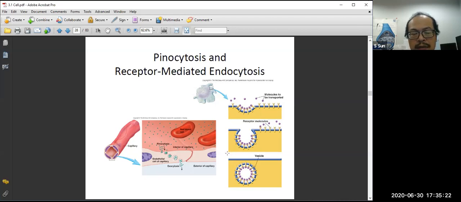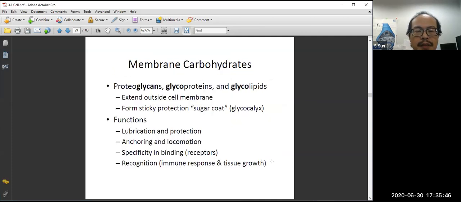And one thing you need to know is that this vesicle is also a membrane-bounded organelle. This organelle basically has the same membrane as the cell membrane, the plasma membrane.